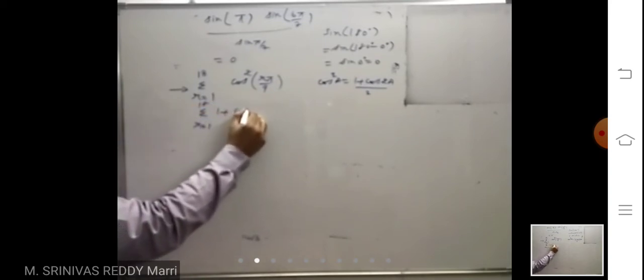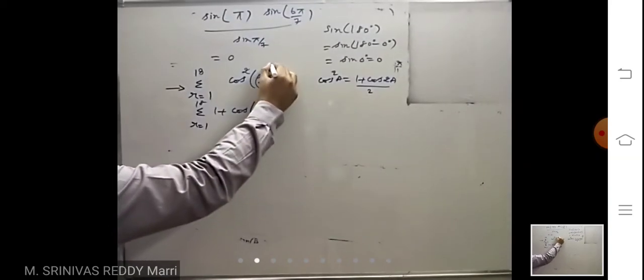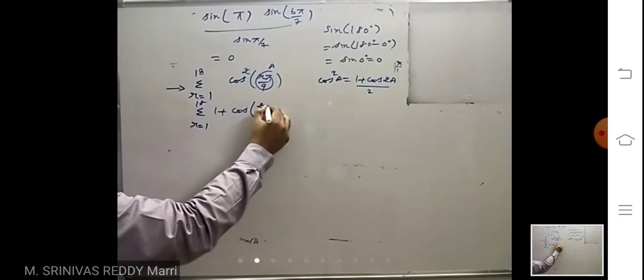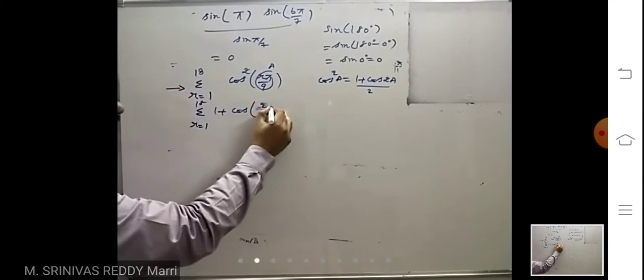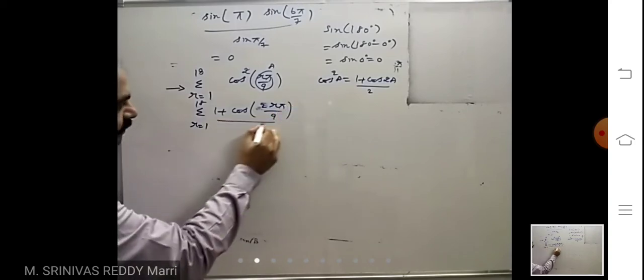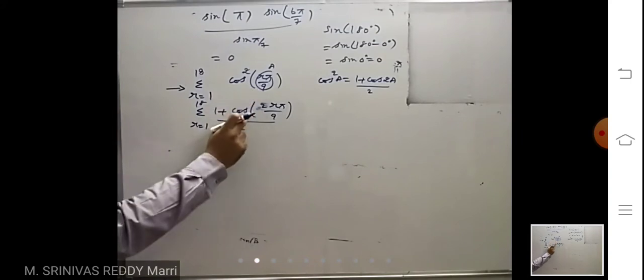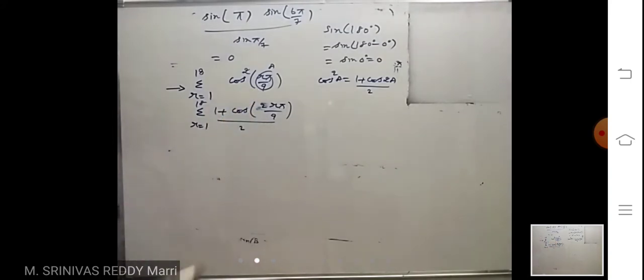Here a is r pi by 9, so 2a means 2r pi by 9. Cos square a is nothing but (1 plus cos 2a) by 2.